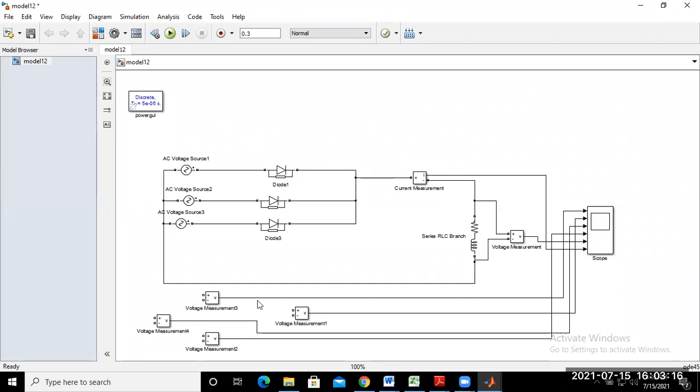You may connect all these voltmeters in phase A, phase B, phase C. If you want to measure the line voltage, then connect between line phase A and B. That means line voltage of AB. So you have to practice.